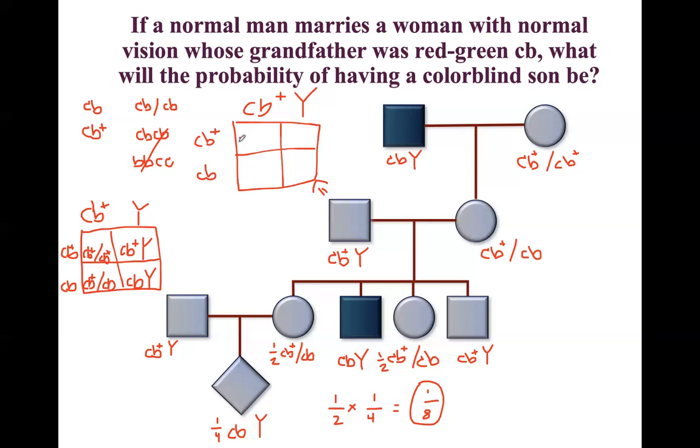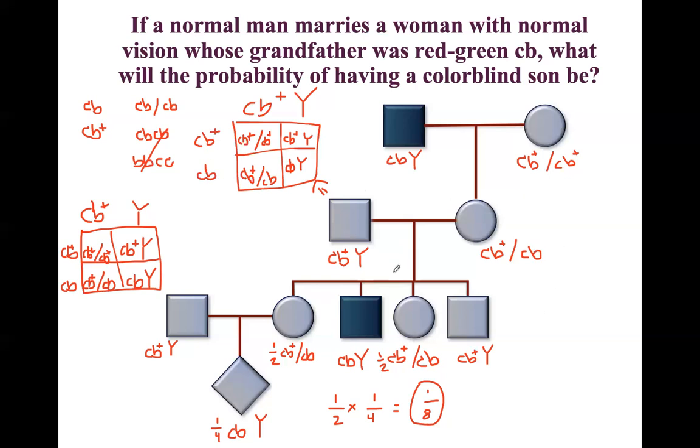Now I'm going to fill these in: CB plus, CB plus, and this is CB plus Y. This is CB plus, sorry for the chicken scratching, CB, and now this is CB Y. Okay. See this, CB plus Y, CB plus CB.